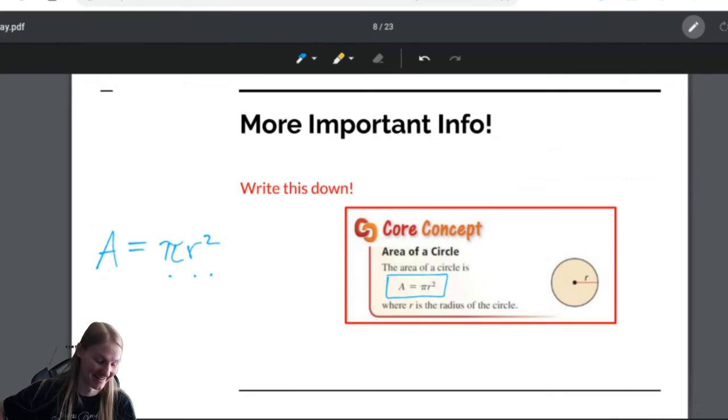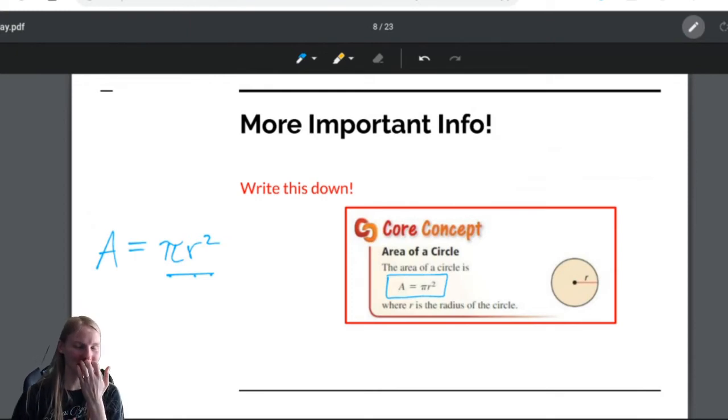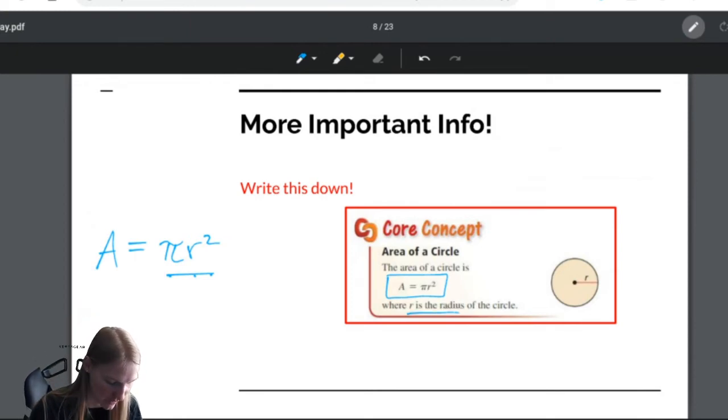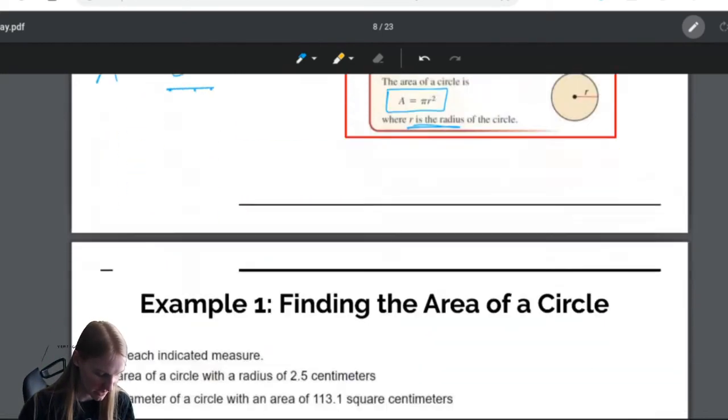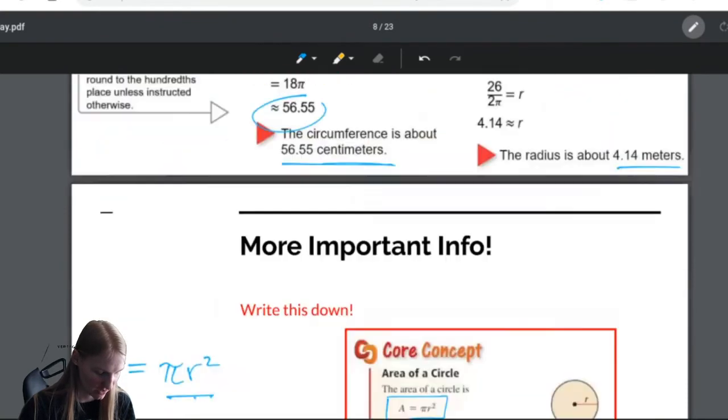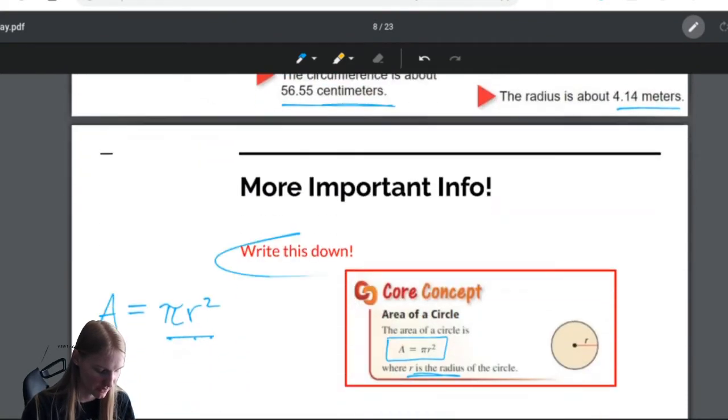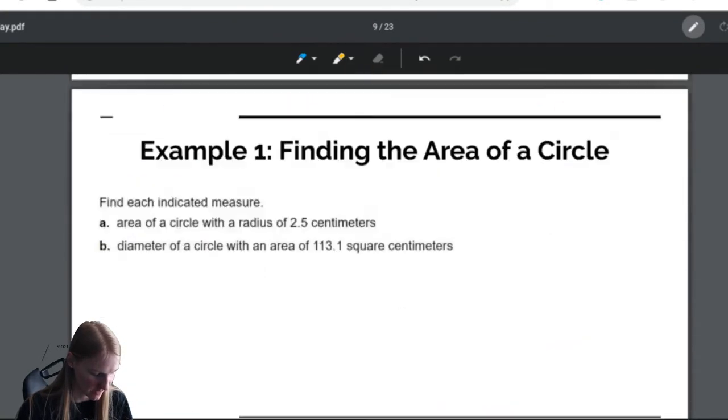So pi r not squared, pi r round is how I remember this. And again, r is the radius of the circle. Okay, seems easy enough. Let's see if we can use it. Oh, and make sure that's written down. Make sure that's in your notes.